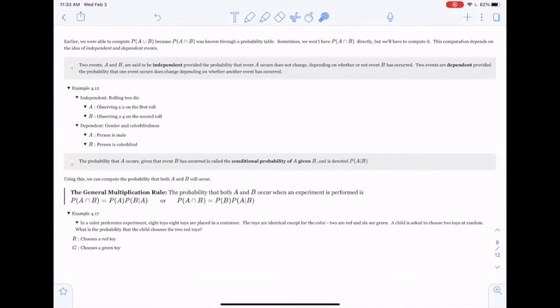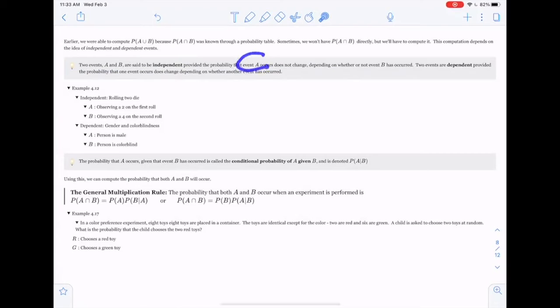The way we compute this is another type of way that events can be related, and it's this idea of independence. So two events A and B are said to be independent provided the probability of event A occurring does not change depending on whether or not B has occurred.